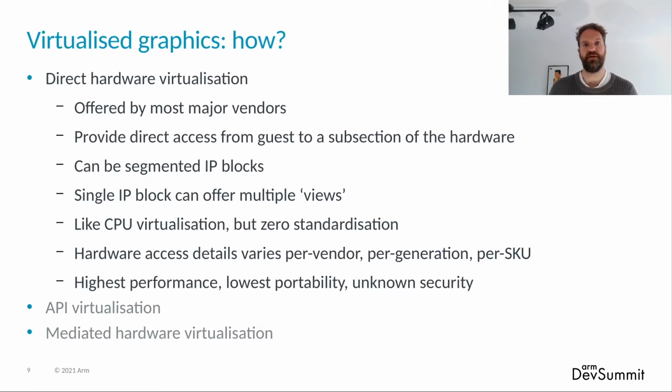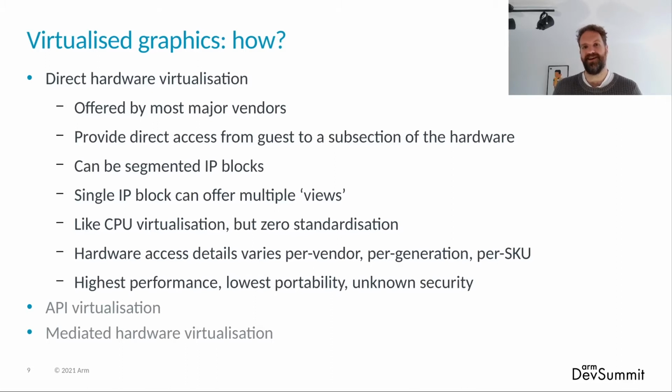Between each vendor, between different generations of GPUs from the same vendor, even between SKUs, we do see this huge variance in how it's addressed, how it's used. And so unlike the CPU world, where we have very well understood and very standard interfaces and primitives for doing this virtualization, on the GPU it's completely up to how the vendor does it.